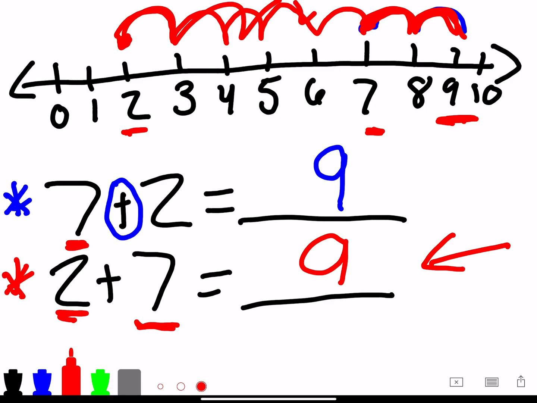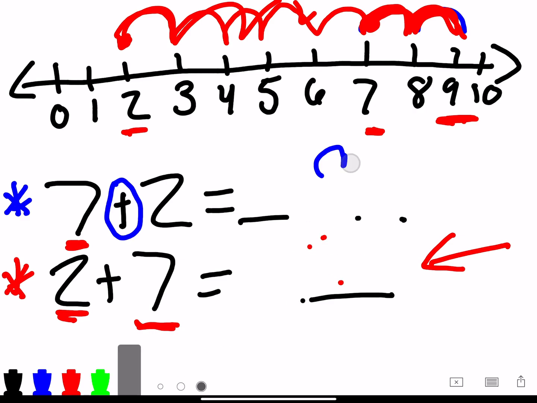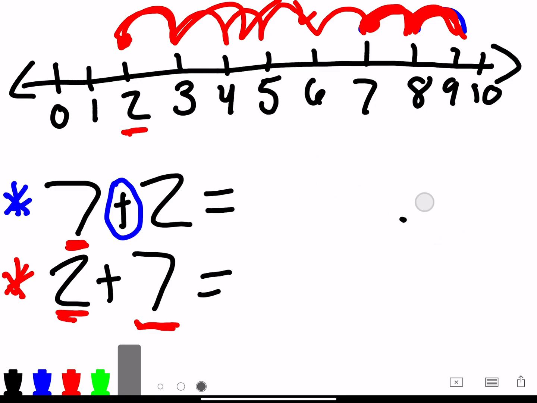With the other problem, you just put the dot on the biggest number, and then you move 2 times, which was quicker. But either way, if you prefer to do it the long way, that's totally fine. But the quickest way would be the top method, since you're putting your dot on the biggest number.